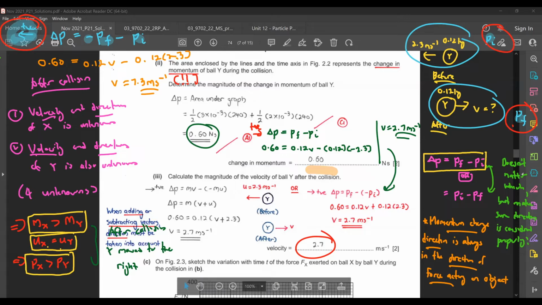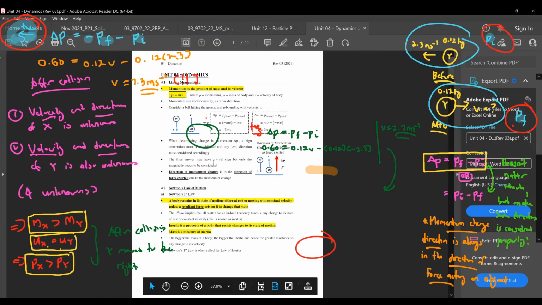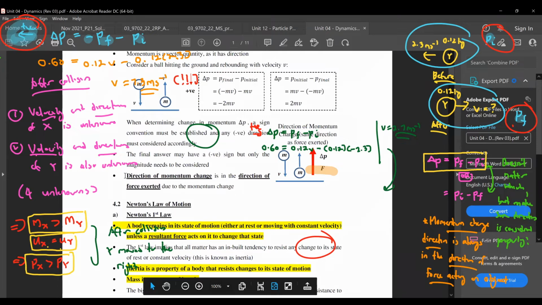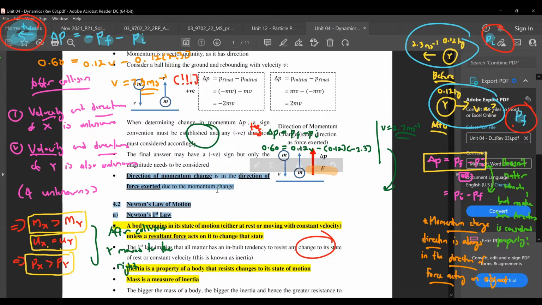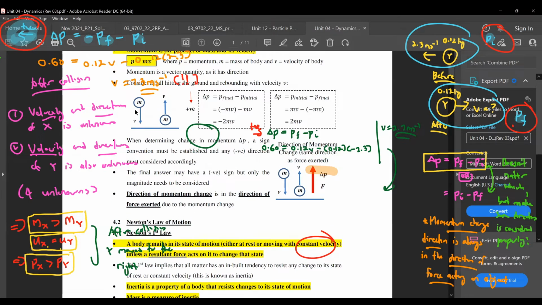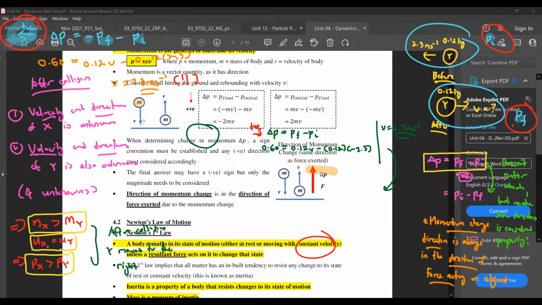If you remember the AS notes under the dynamics chapter, on the first page itself, there's one statement that I mentioned: direction of momentum change is in the direction of force exerted due to the momentum change. That time I gave you the example of a ball that is released downwards.